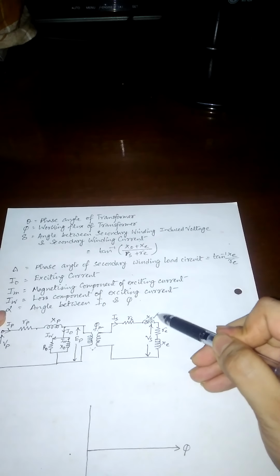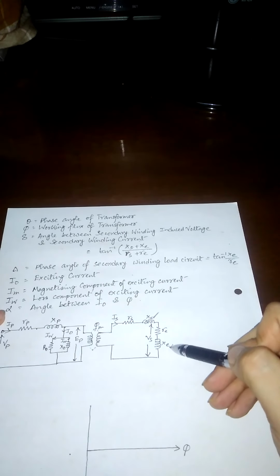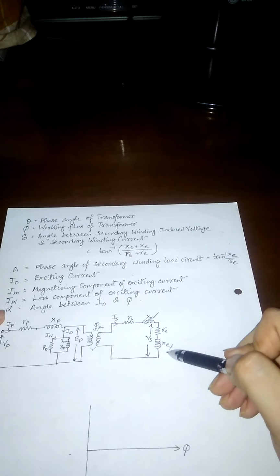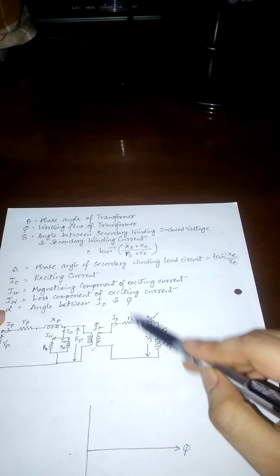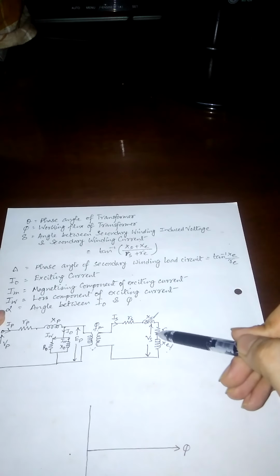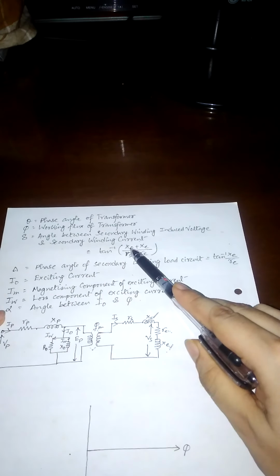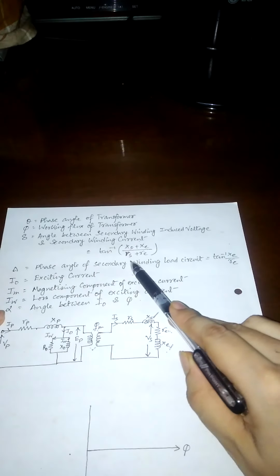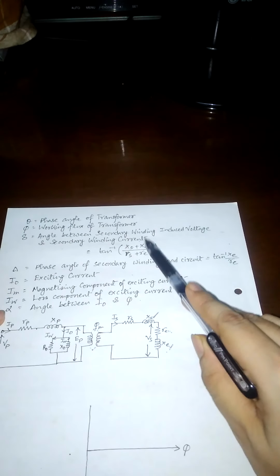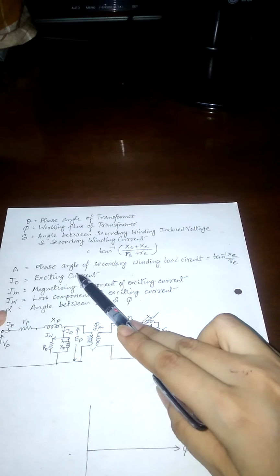XS is the secondary winding reactance, and XE the reactance of the external burden, that means the meter reactance. RS is the resistance of the secondary winding, and RE is the resistance of the external burden. So that is tan inverse of XS plus XE divided by RS plus RE. This is the phase angle, the angle between secondary winding voltage and secondary winding current.